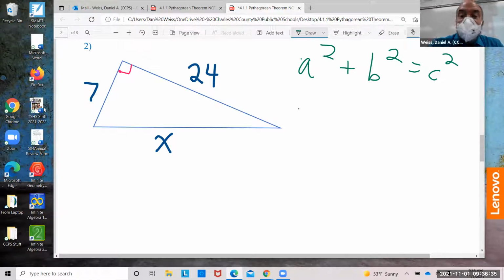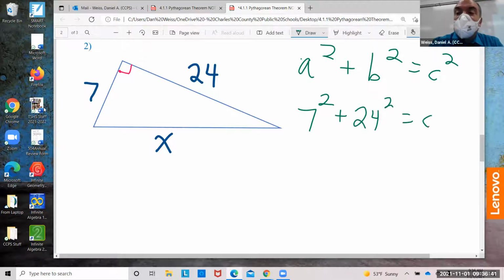What's a? 7. 7 squared. What's b? 24 squared equals c squared. Now, 7 squared is 49. What is 24 squared? I don't know. I'm going to use my calculator.